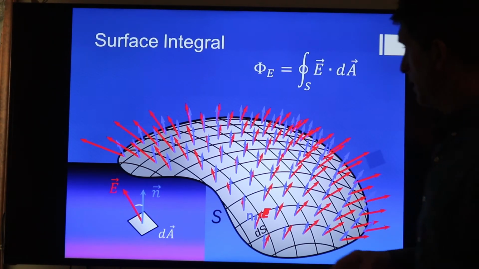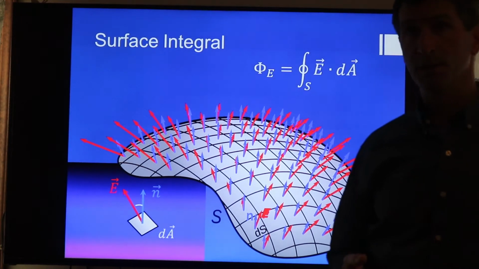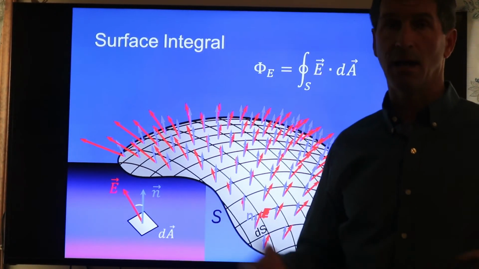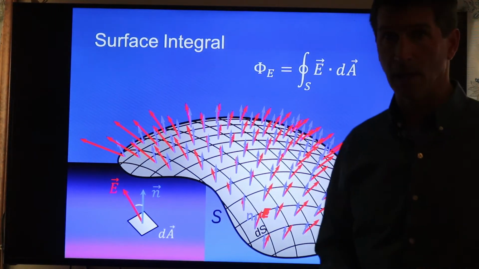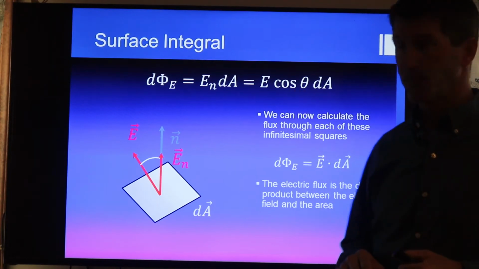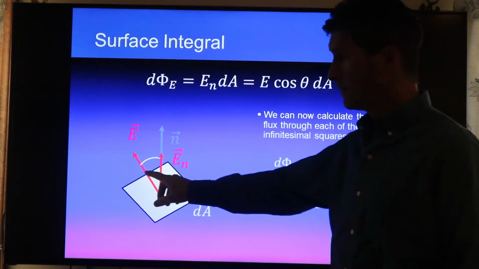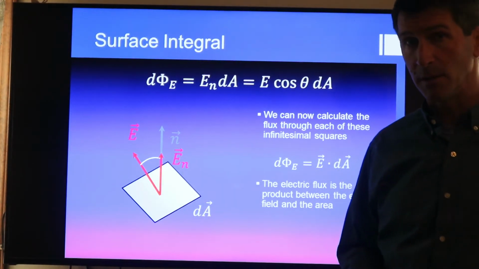So, if E is perpendicular to the surface, then it's just E times the overall area dA. Okay? But if it's at a slight angle, we actually use cosine theta, where, again, the cosine theta is used to get the perpendicular component here.